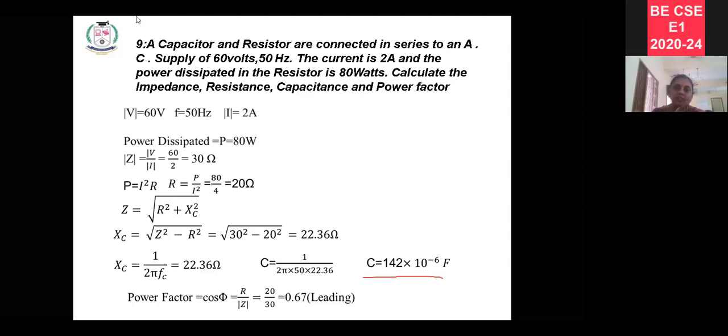Only two of them are replying out of 230. What about others? Completed? Right. Okay. We'll proceed to one more problem. See, problems are equally important in this unit.